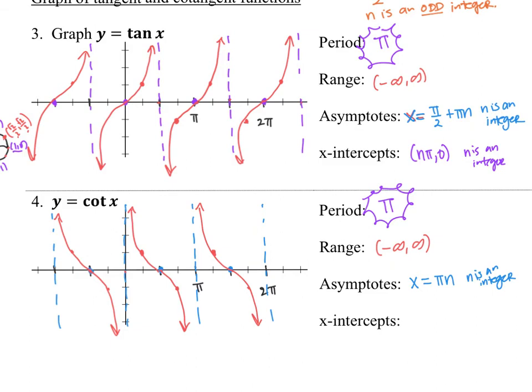Now on cotangent, there's an x-intercept at (pi over 2, 0), (3 pi over 2, 0), and so on. So I'm going to say (pi over 2 plus pi n, 0). It's an x-intercept, so do make it an ordered pair. I am going to specify that n is an integer, but if you leave this off, I will assume that you're talking about n as an integer.